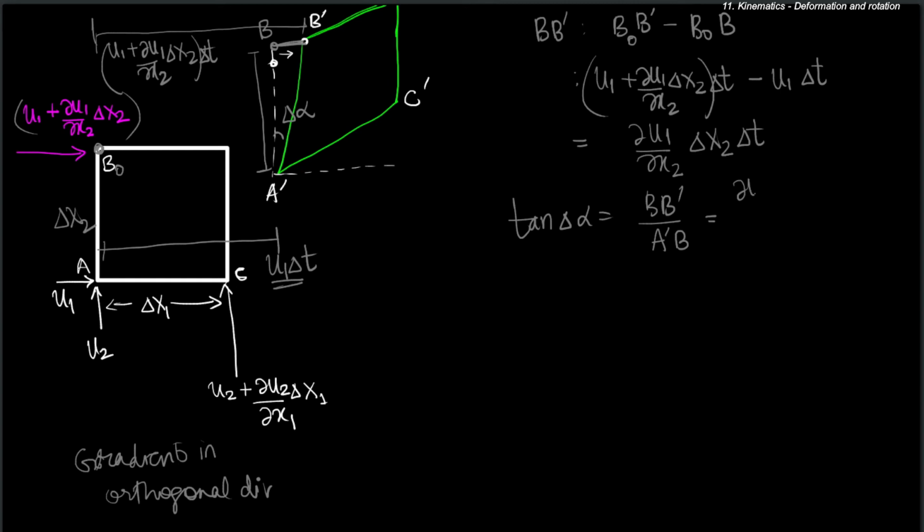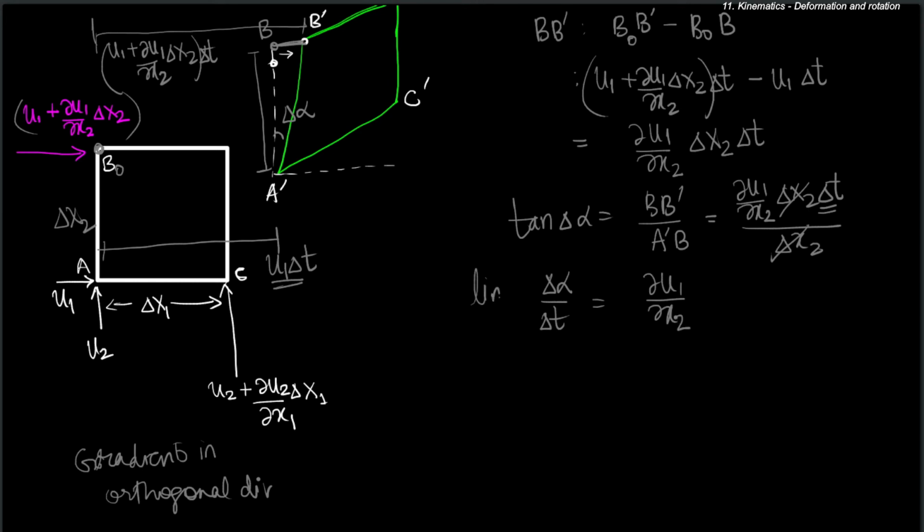So this will be del u1 by del x2 times delta x2 delta t divided by delta x2. This delta x2 cancels out, and for small deformations tan delta alpha will be equal to delta alpha. We can take this delta t over here on the left hand side, and this becomes equal to del u1 del x2.